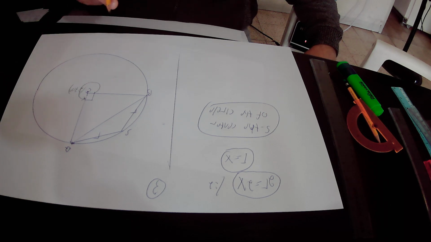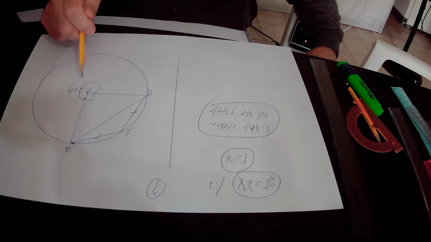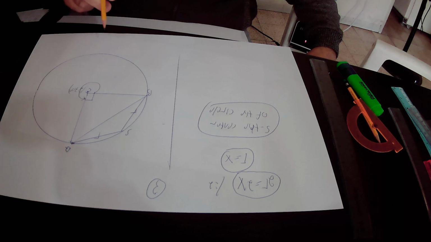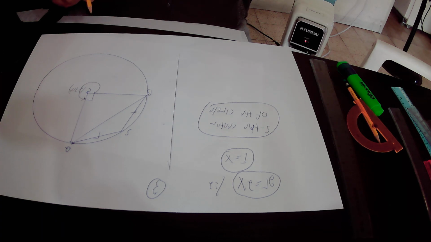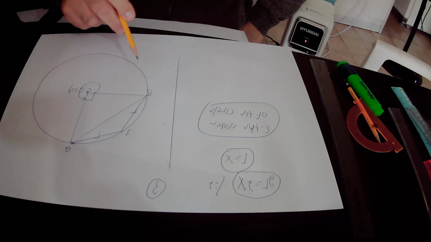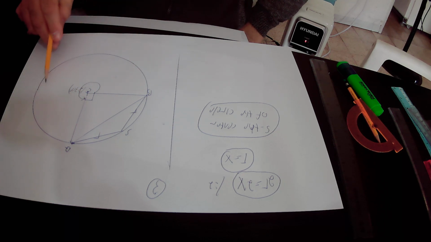So the central angle BCQ that is subtended on arc BQ must be twice as large as the peripheral angle BSQ that is also subtended on the same arc BQ.